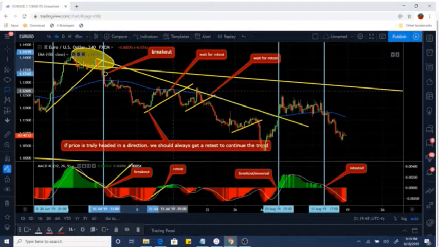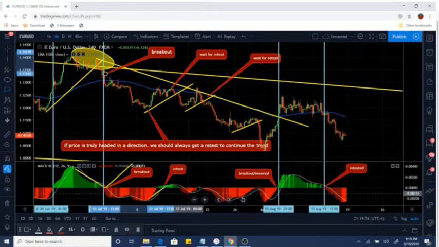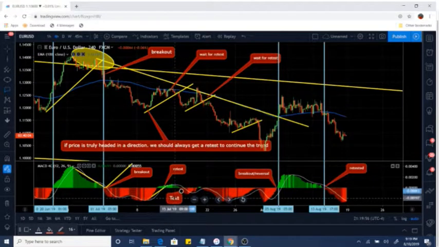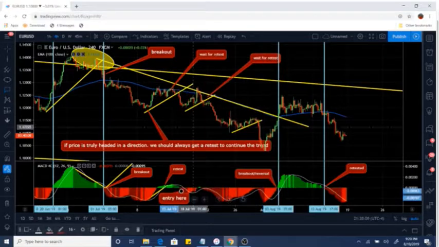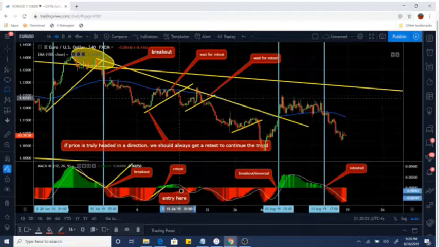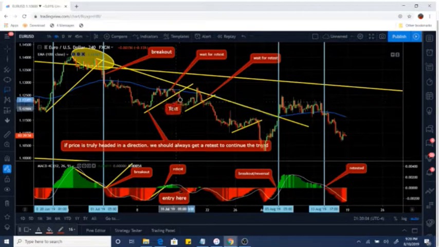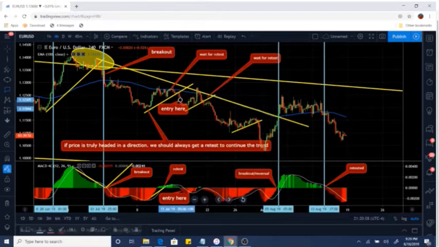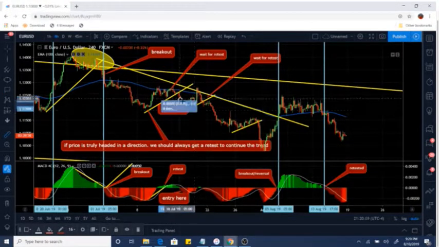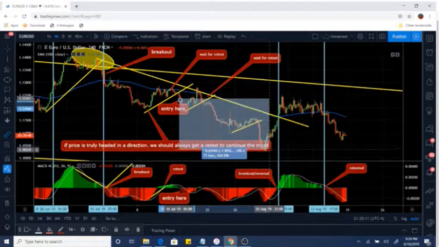So this was the retest right here, and it will literally tell you right around here, this is where you enter. Entry here.